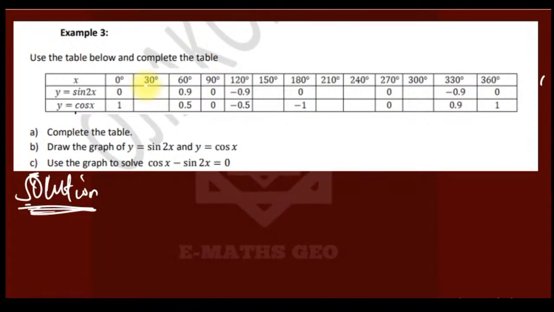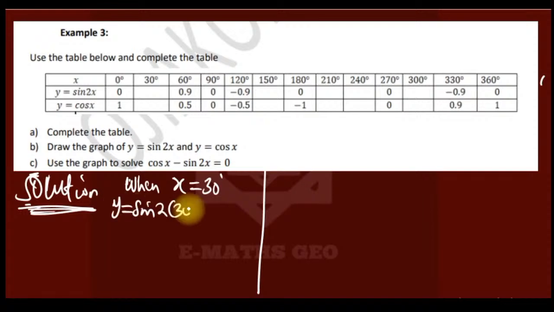And how do you do it? We keep on substituting the values of x and y. So I'll just do one. I will paste the complete table to save time. Like for the first column, when x is 30 degrees, for y equal to sine 2 times 30, we have sine 60.